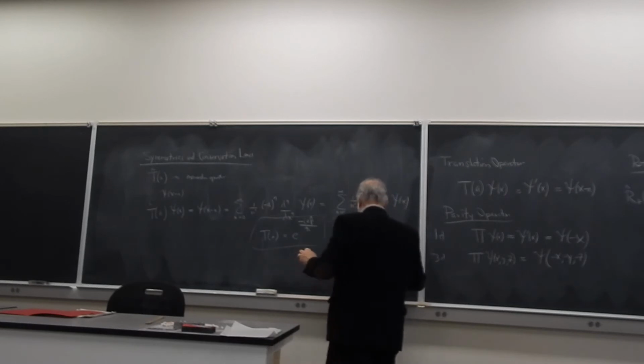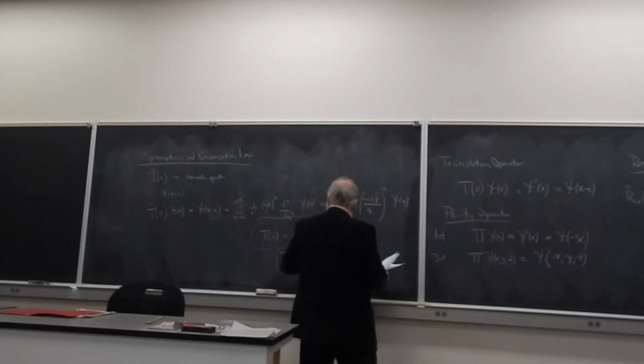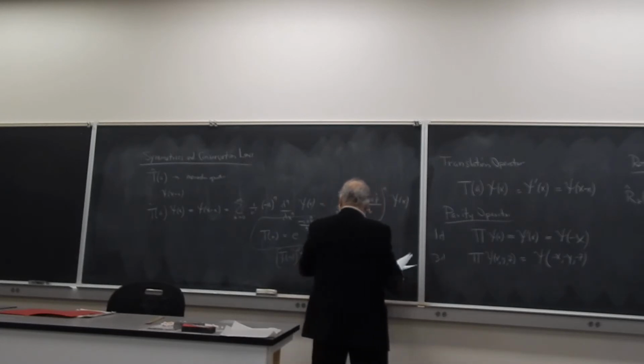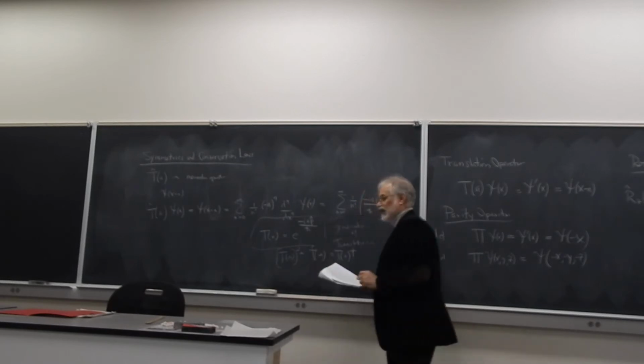Notice something else. It's a unitary operator. So T of A to the minus 1 is equal to T of minus A, and it's also equal to T of A dagger.